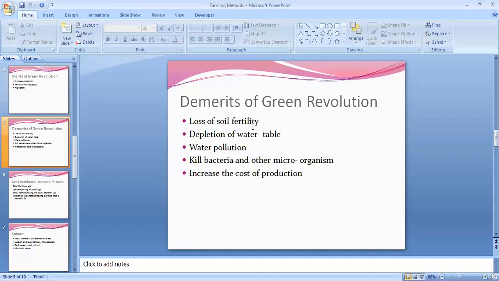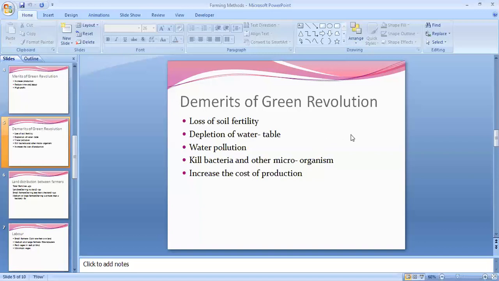It means when chemical fertilizers and pesticides are used by the farmers, it results in the loss of soil fertility. Second, depletion of the water table. Continuous use of groundwater for tube well irrigation has reduced the water table below the ground.